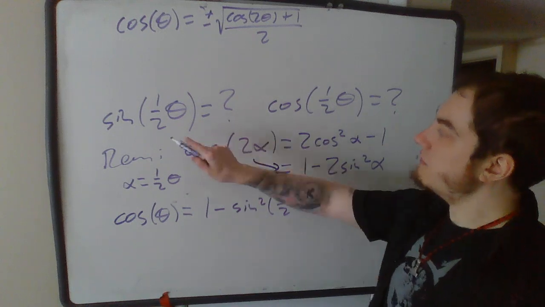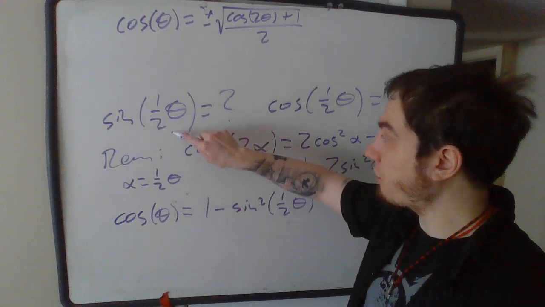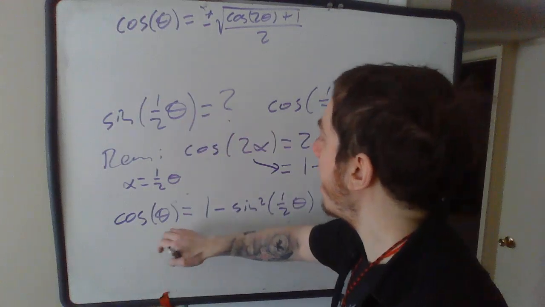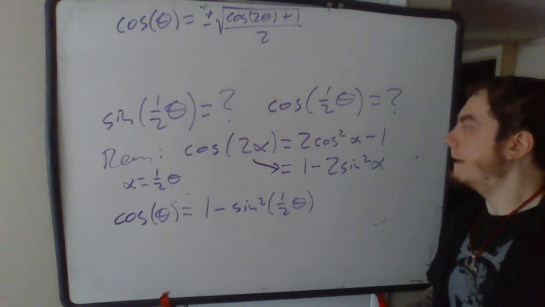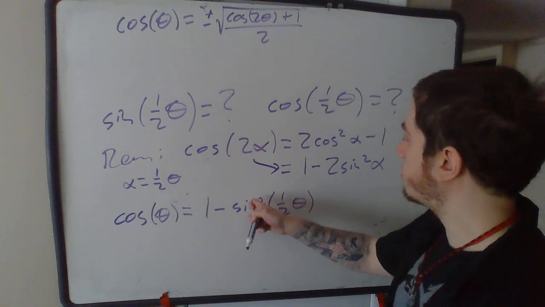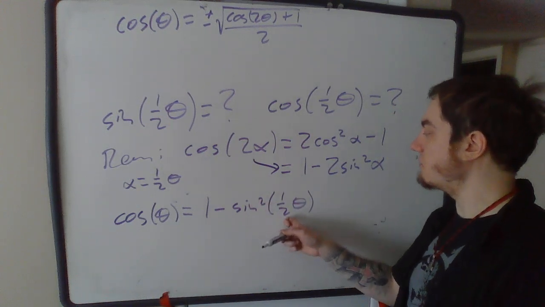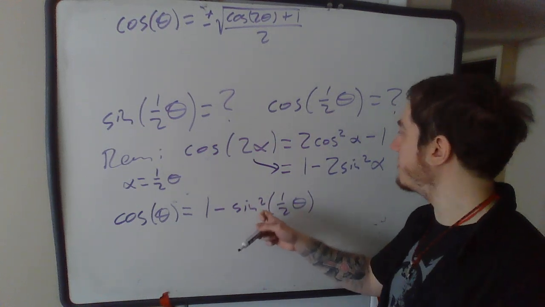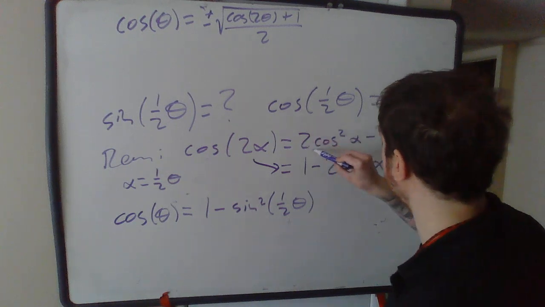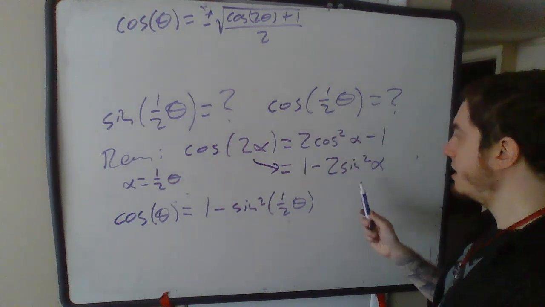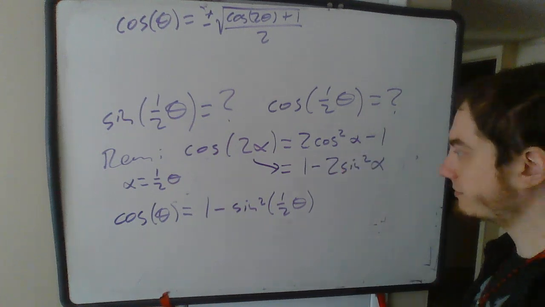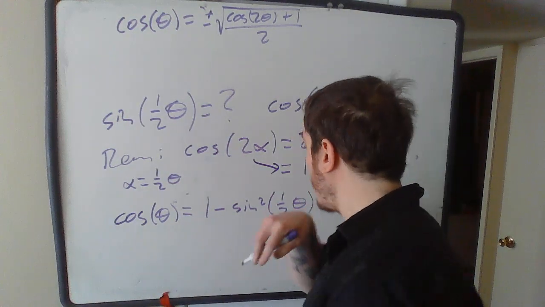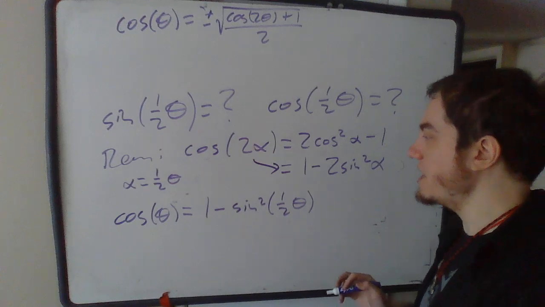Notice, though, even though I'm working towards a formula involving sine, I still get a cosine on the left-hand side. So what's changed is what I put on the right-hand side involving the 1/2 theta. Before we had the cosine squared coming from this guy. Now we're using the sine squared coming out of this guy. From here on out, everything is pretty similar to what we said before.